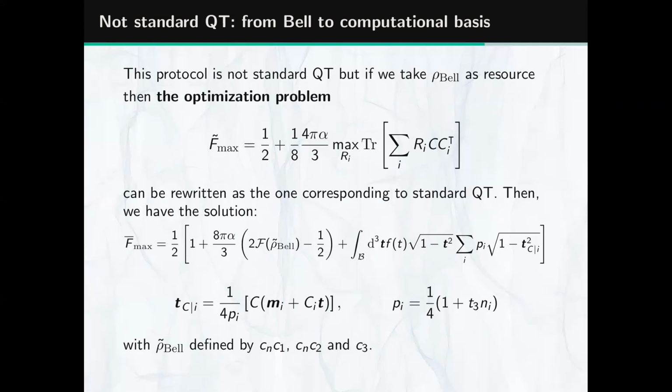Quick reminder: Cn here quantifies entanglement. If Cn is 0, then you have the computational basis, and if Cn is 1, you have the Bell basis.